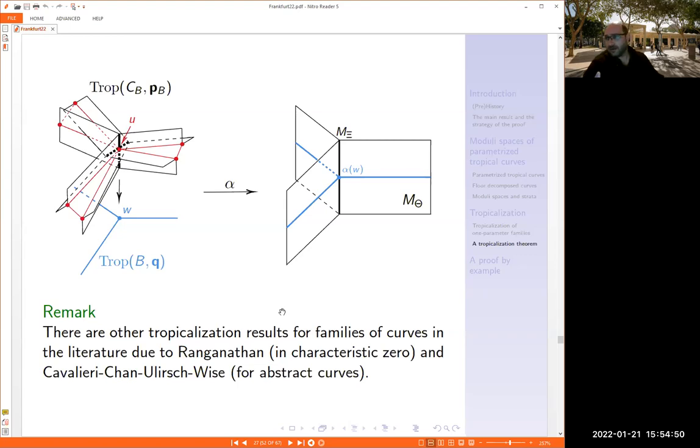Some things work only in characteristic 0, some are general, some require your family to be log smooth, some do not, and so on and so forth. So there is a variety of results on tropicalizations of families. For the sake of this talk, it is sufficient to consider this most naive tropicalization in the one-dimensional case, the one-parameter case.